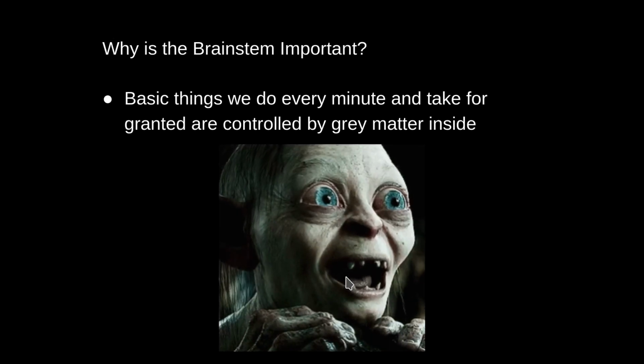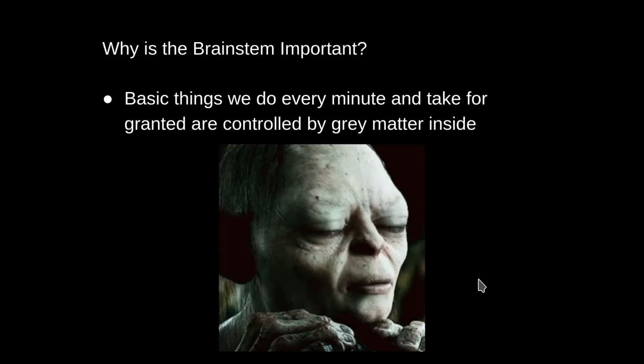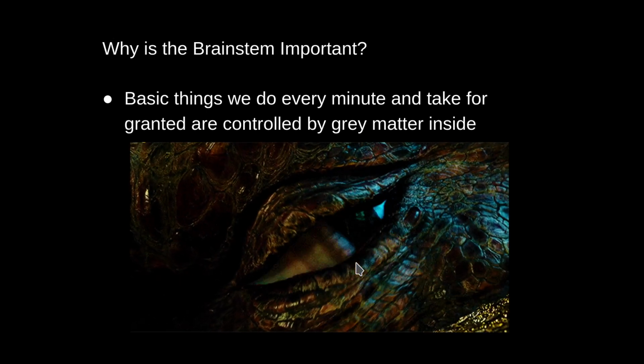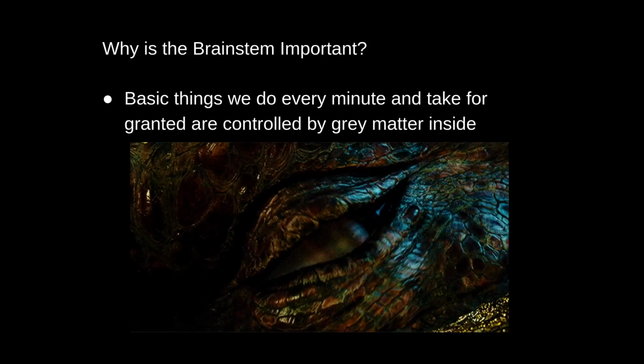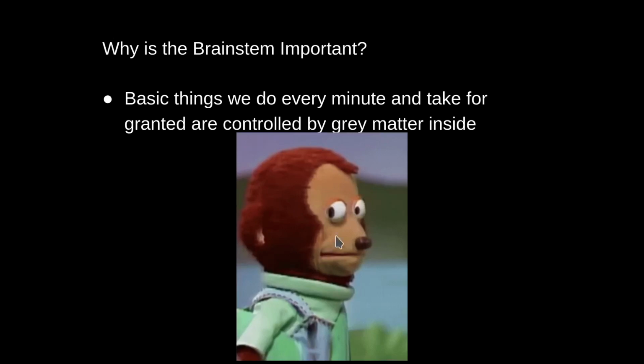All of these are controlled by your brainstem, in particular the cranial nerves. Things like the slit-like pupils when you're exposed to bright light. These are the basic things that you check when you see someone who is unconscious. Your eyeball movements are controlled by your brainstem.